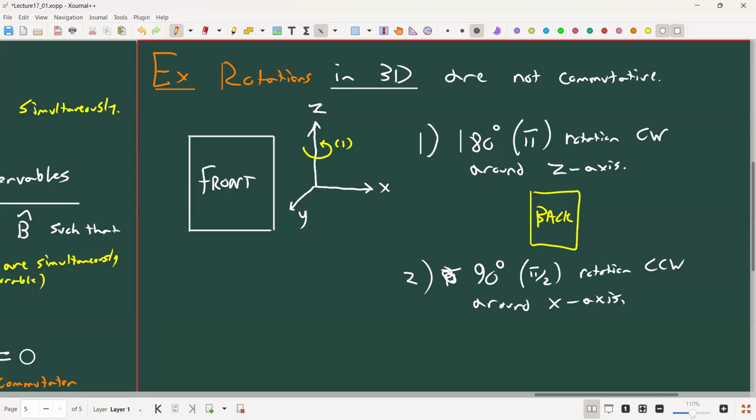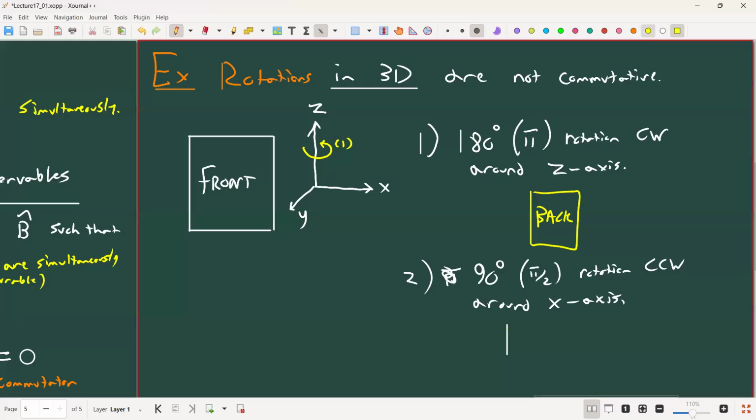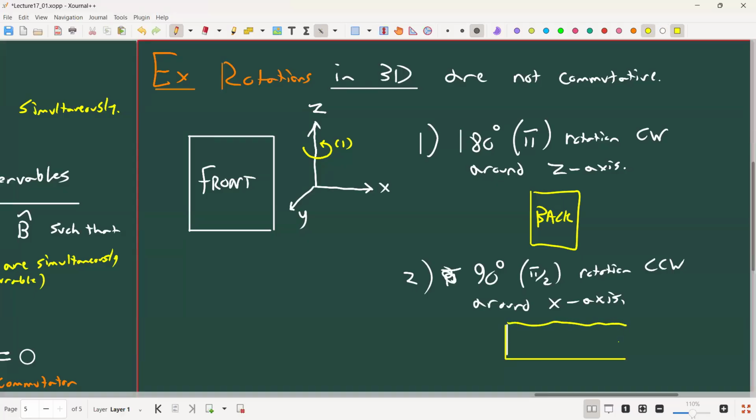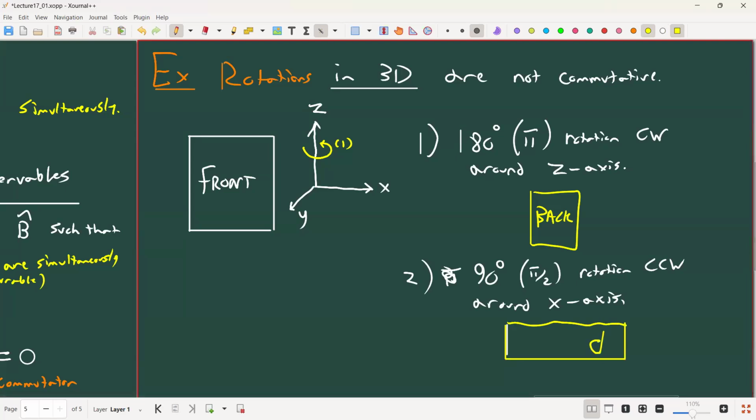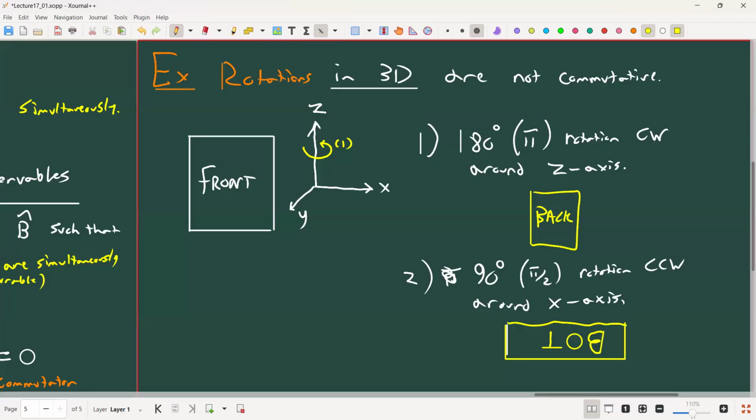I'm going to rotate around the x-axis, so it's a flip, pi over 2 counterclockwise. So that is this way. Now you have the bottom of the book upside down. Look how talented I am, my friends.